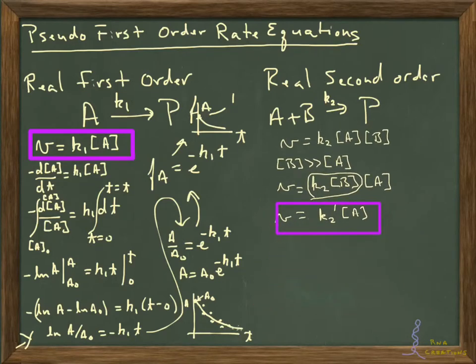And so once you do that, you can then change the concentration of B, and then you can plot K2 prime versus the concentration of B, because you know that K2 prime is equal to K2 times the concentration of B, right? You guys can see that right here.